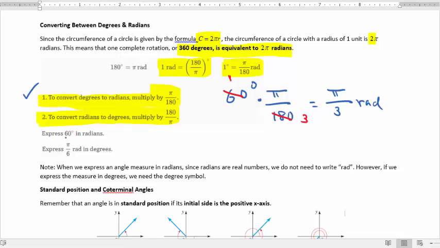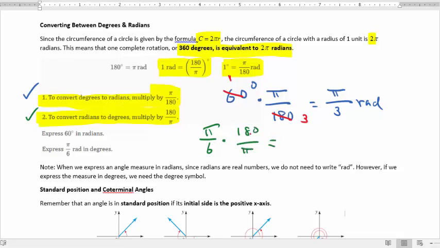And then if you're doing the reverse, converting from radians to degrees, how many degrees is pi over 6 radians? Well, you're doing this second one, radians to degrees, so you're going to multiply by 180 over pi. So pi over 6 times 180 over pi, what's that going to equal?